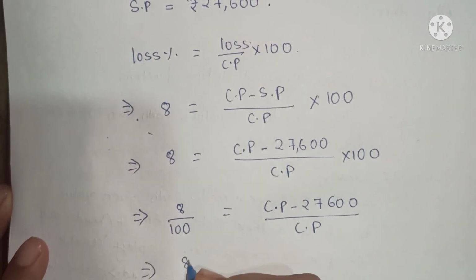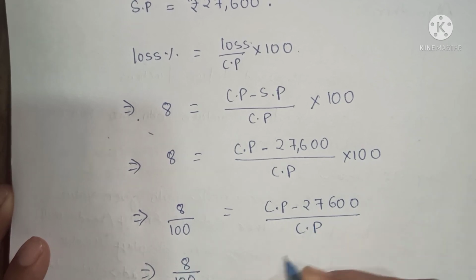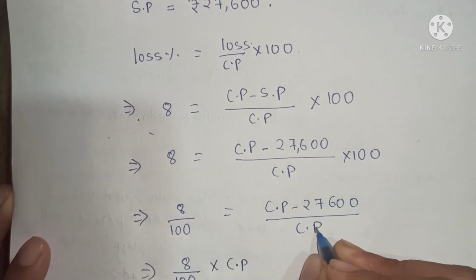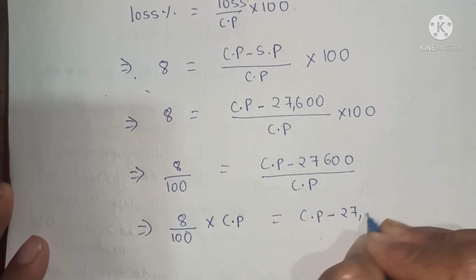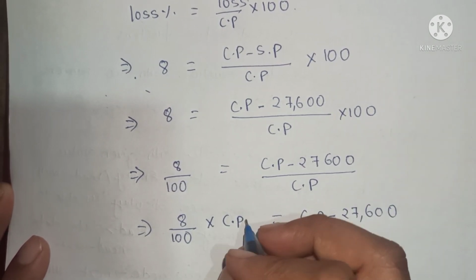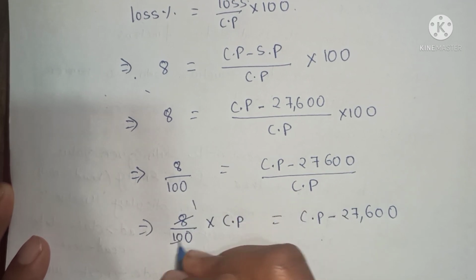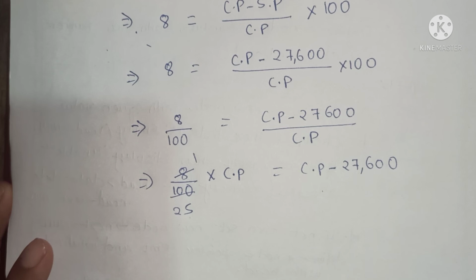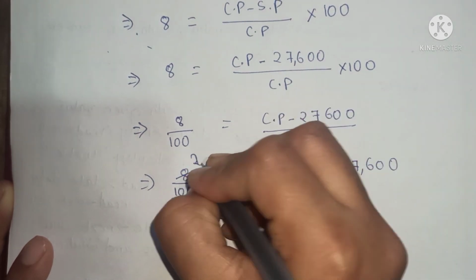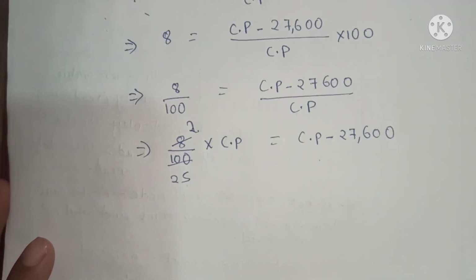Now this CP will come here, so it is being divided here and will get multiplied this side: CP minus 27,600. We'll try to solve it. 8 by 100 becomes 2 by 25 into CP equals CP minus 27,600.